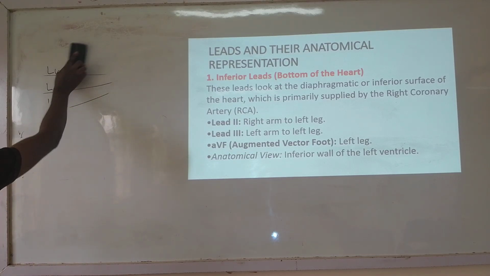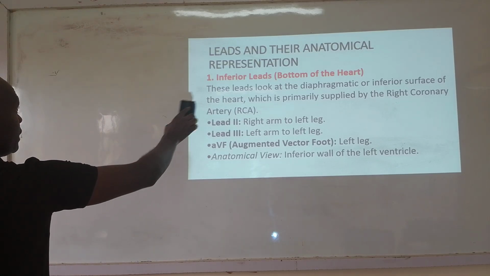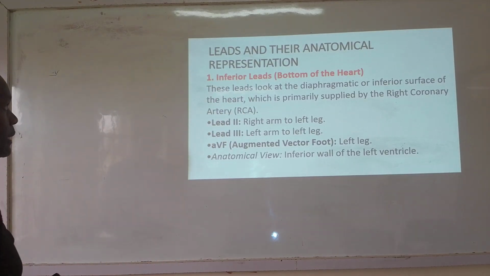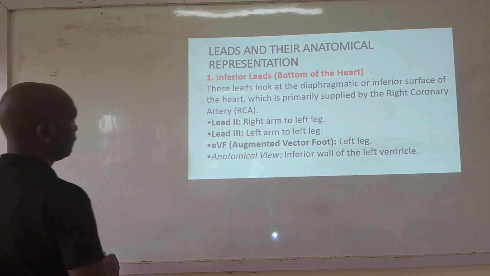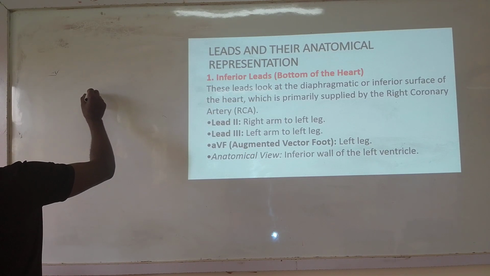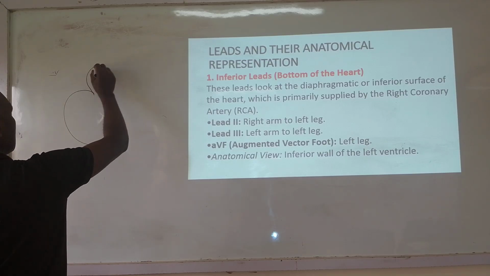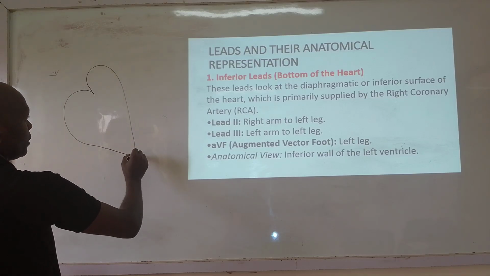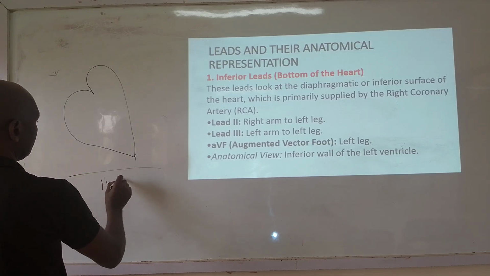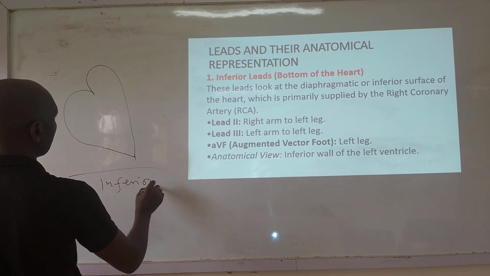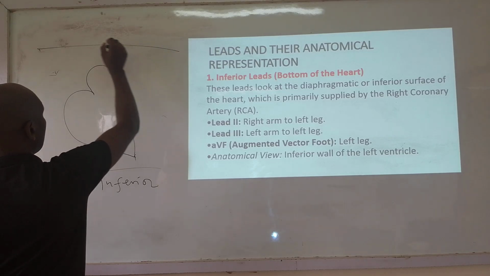What normally happens is that we have inferior leads. That is the bottom, the leads that look at the inferior. If you have your heart like this structure here, this will be your inferior, while this is superior.